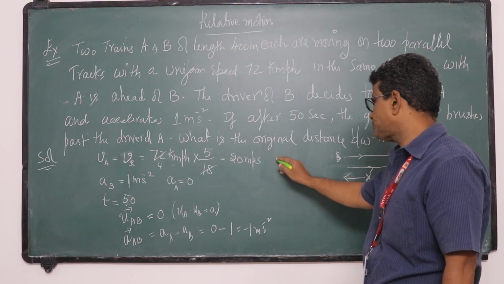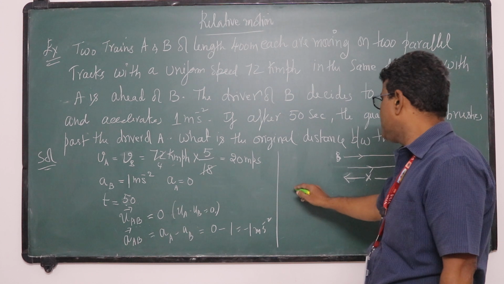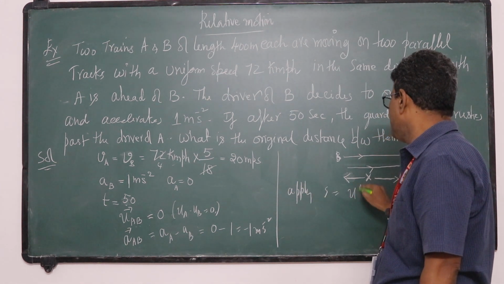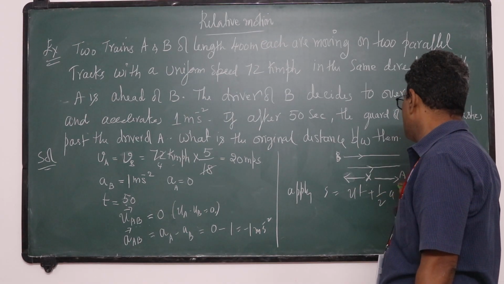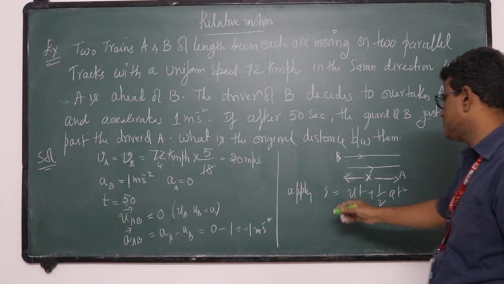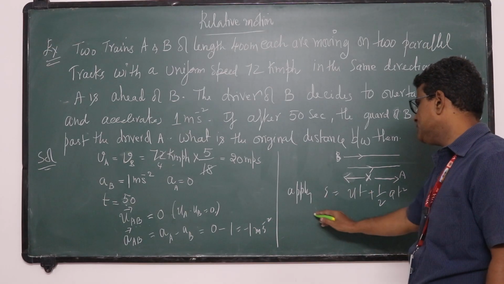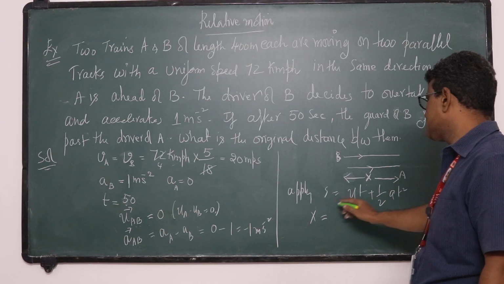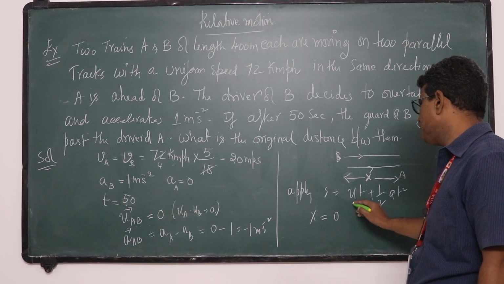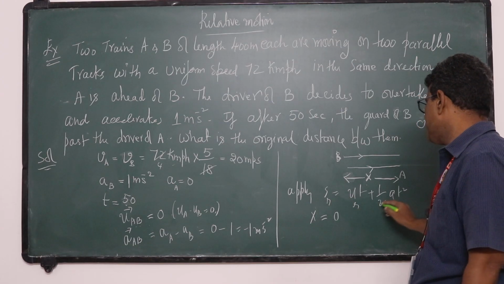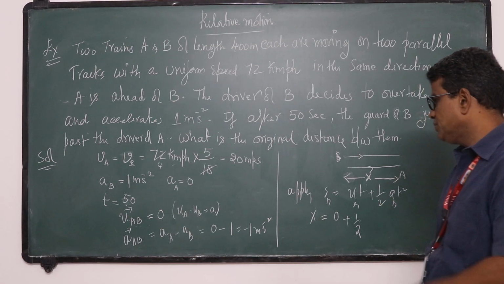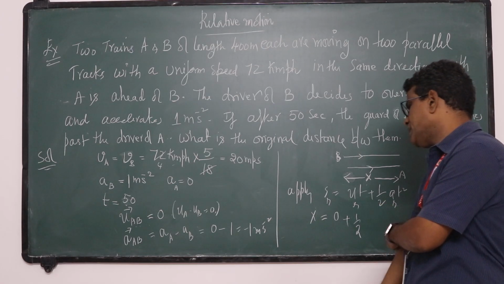Now after t seconds it crosses. I am applying S is equal to ut plus half at square. The separation between them is x. The initial relative velocity is 0, so that term is 0. Then half the relative acceleration.